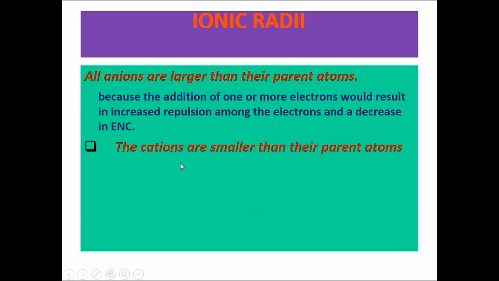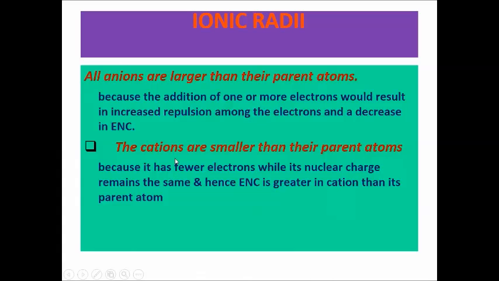And in the case of cations, all the cations are smaller than their parent atom. And the reason for that is because when you take the cation, it loses electrons. There will be fewer electrons compared to the parent, and its nuclear charge remains the same because nuclear charge is not going to change. For sodium, the atomic number means 11 electrons are there, so the nuclear charge is there.